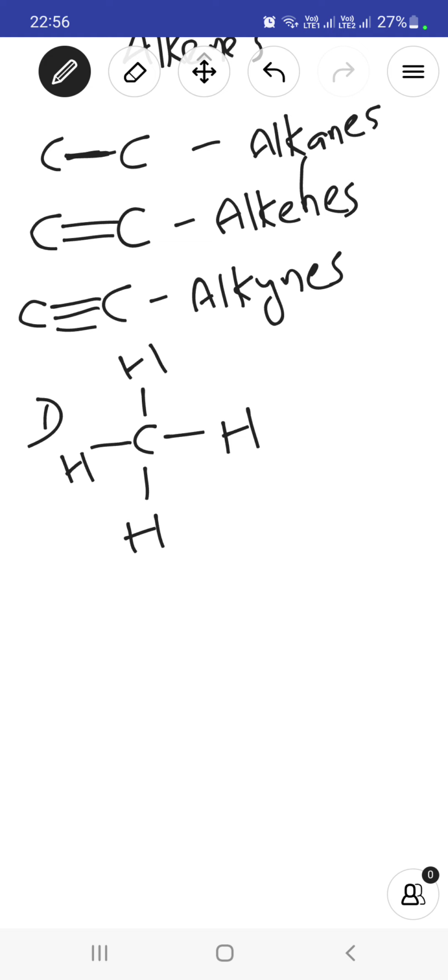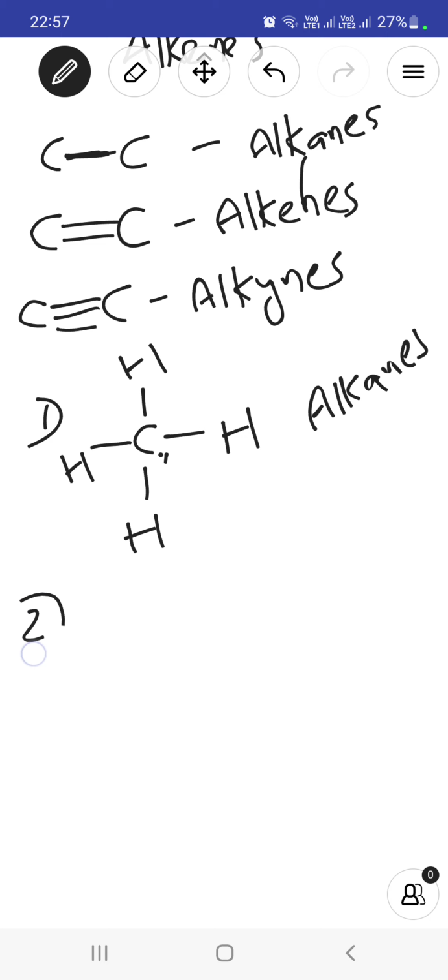Is this an alkane, alkene or alkyne? As we already know, there is no double bond between the carbon atoms here. Here there is only one carbon atom and no double bonds between carbon atoms. So we can say that this belongs to the alkane group. This is the general name of many compounds belonging to that particular group, the alkane group.